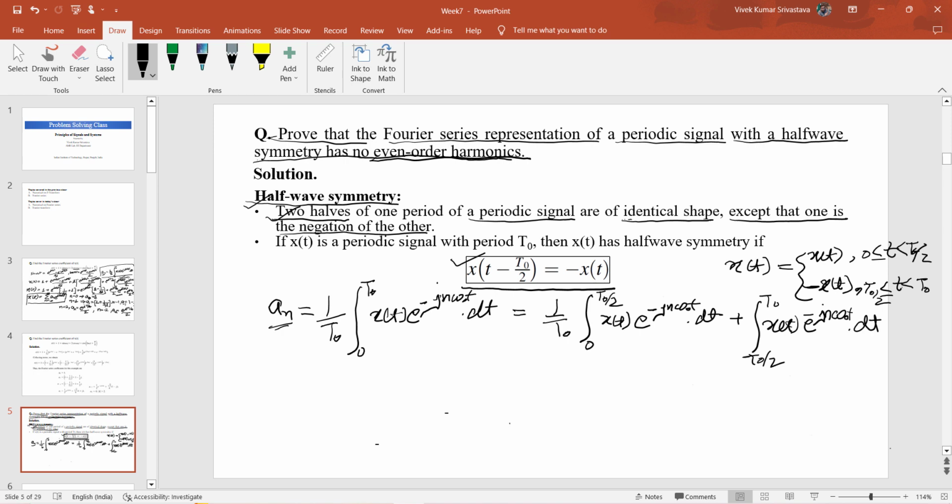Okay, so now as we know that this signal has half wave symmetry, for the period T naught by 2 to T naught, the signal x of t satisfies this condition.